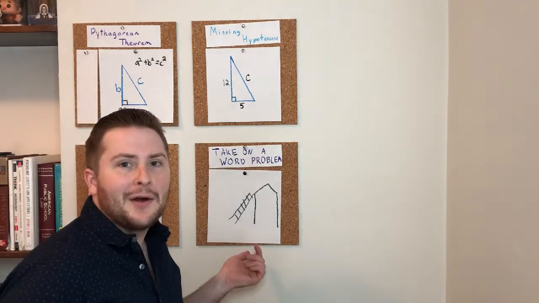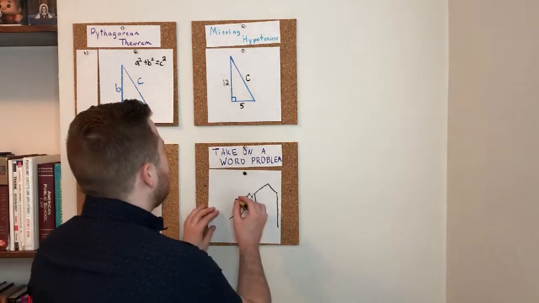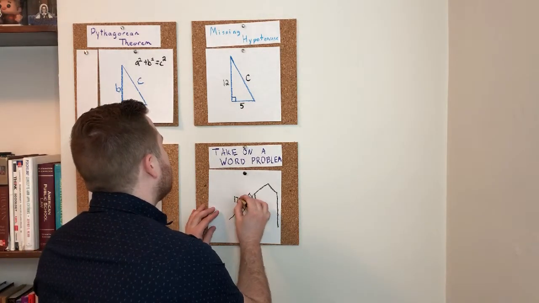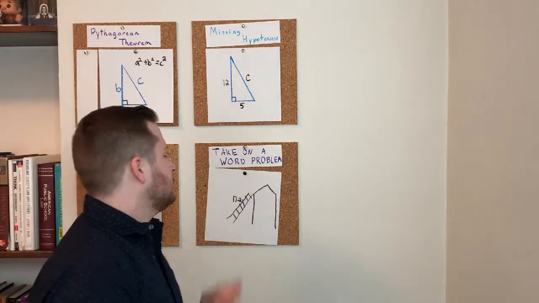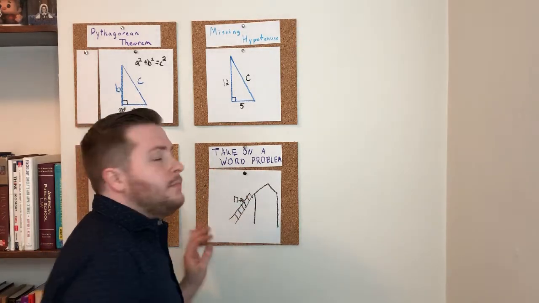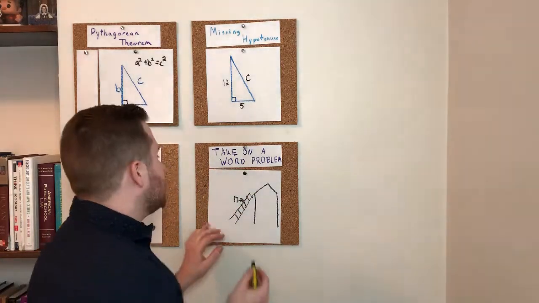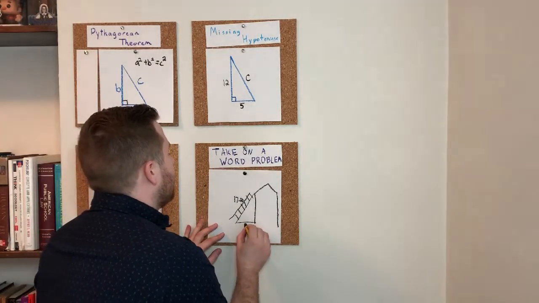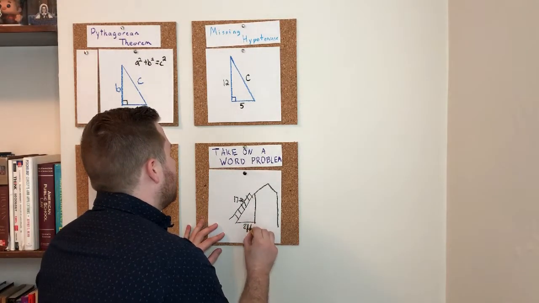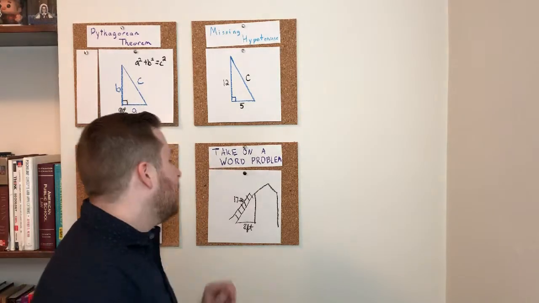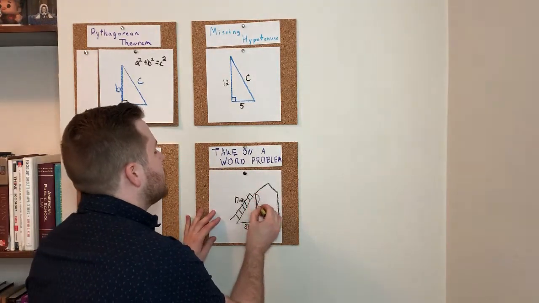The length of the ladder is 17 feet long. That does not look like feet. And the person places it 8 feet away from the house. How tall can that ladder reach the building?